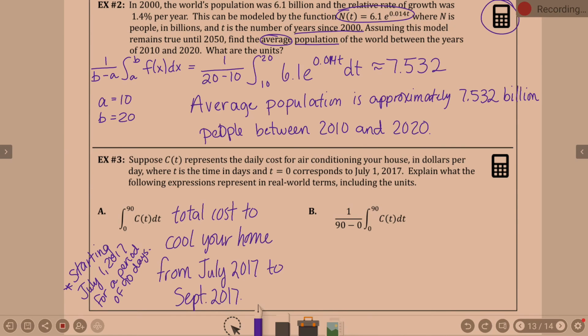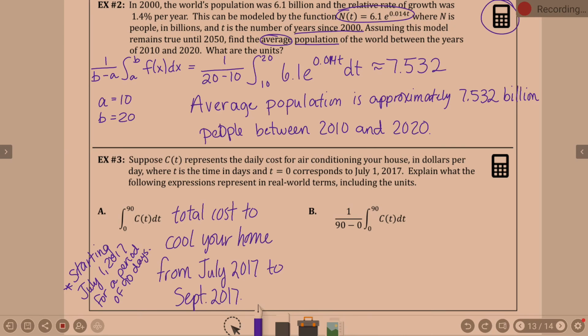Now, what about B? Okay. We don't want to throw the word total in there. The average cost, yeah, it's going to be the average cost over that same time period, right? Let's see, average cost to cool your house, and this is for the 90 days from July 1st.